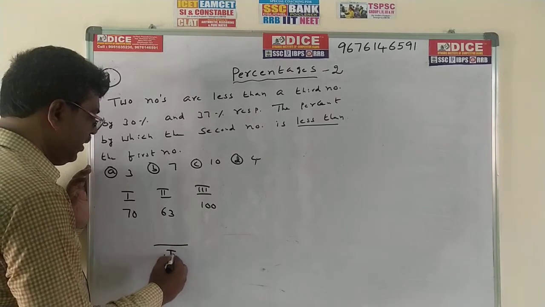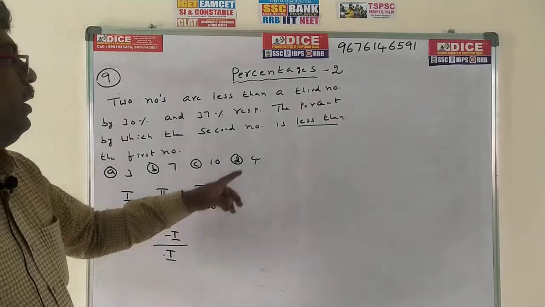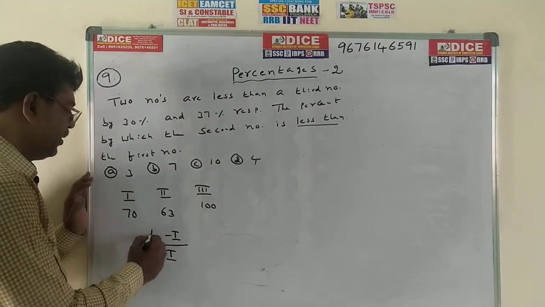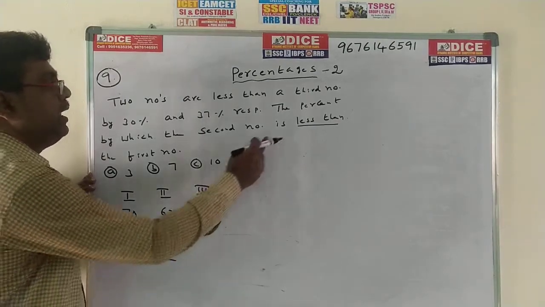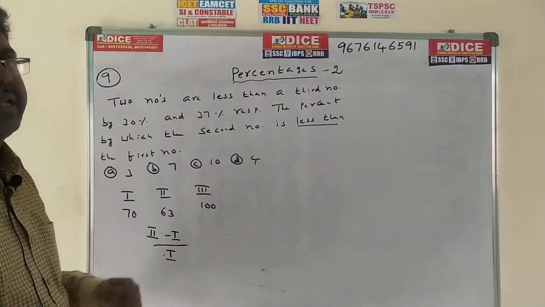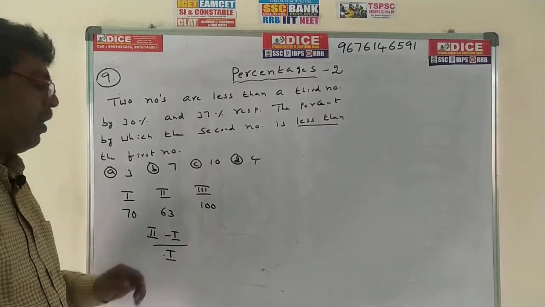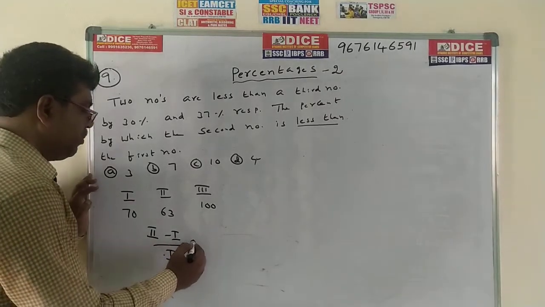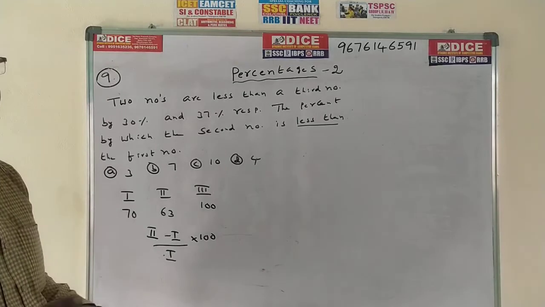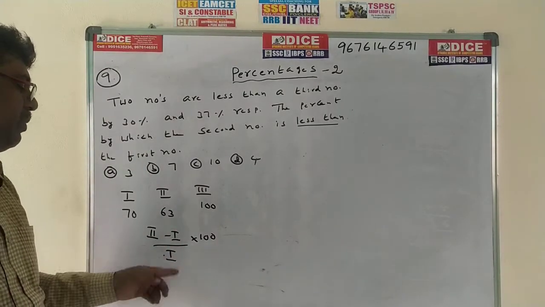Since the second number is less than the first, we take it as second minus first. If it is less, you will get the answer as negative; if it is more, you get the answer as positive. So the formula is second minus first by first into 100. I told you this in note 3. This is very important.